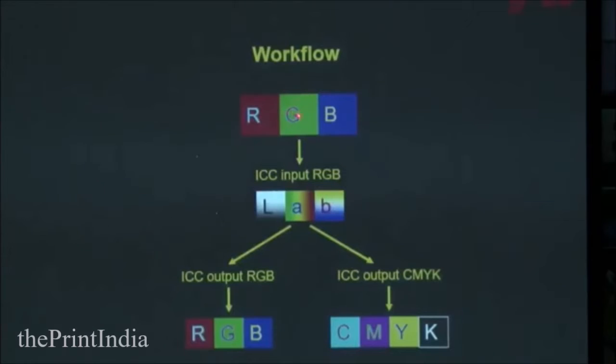RGB is converted to LAB, and when you want to view this image on the monitor, from LAB it is converted to RGB, because monitor is RGB. If you want to print, it is converted to CMYK, so we print in CMYK. In photography it will be only CMY, but in printing it will be CMYK. So this information going through LAB can be converted into RGB or CMYK like this. This is like a color workflow.